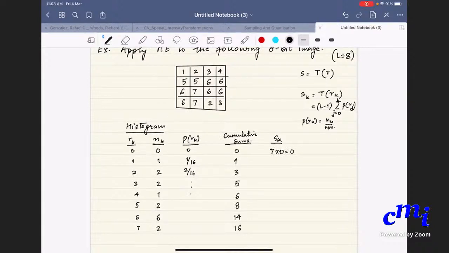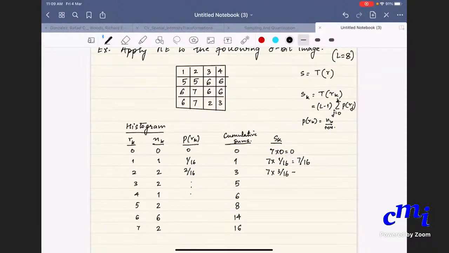Then s_1 is going to be 7 times p_r(r_1), so this is 1 by 16, so 7 by 16. Then 7 times p_r(r_1) plus p_r(r_2), that's going to give me 2 by 16 plus 1 by 16, that's 3 by 16.